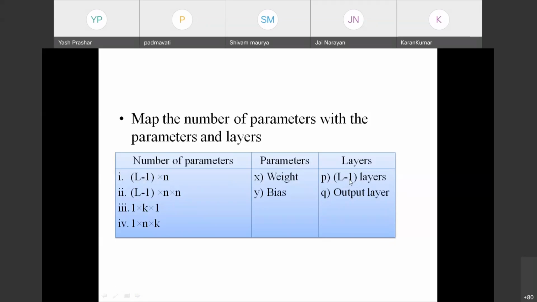Here it is L layers including the output layer, but I am representing this as hidden layers. For that sake, L-1 layers. Okay, you try this. I hope you all have noted this question, correct?